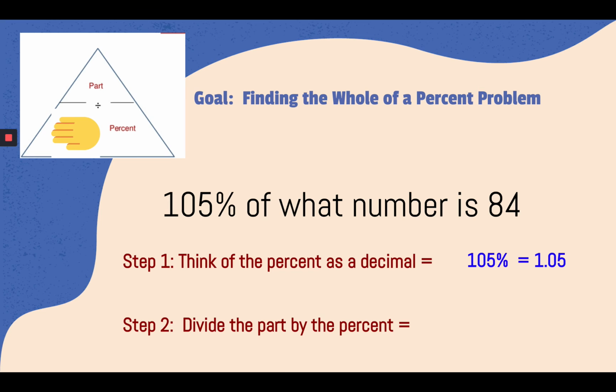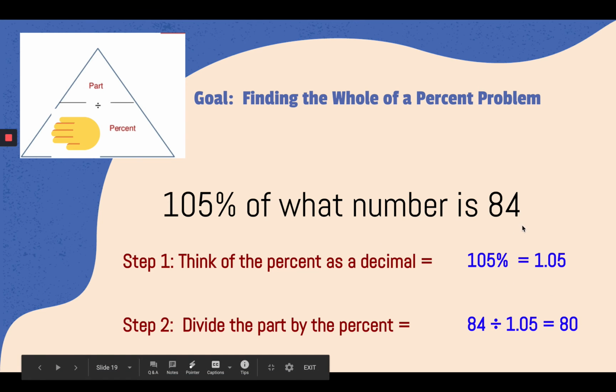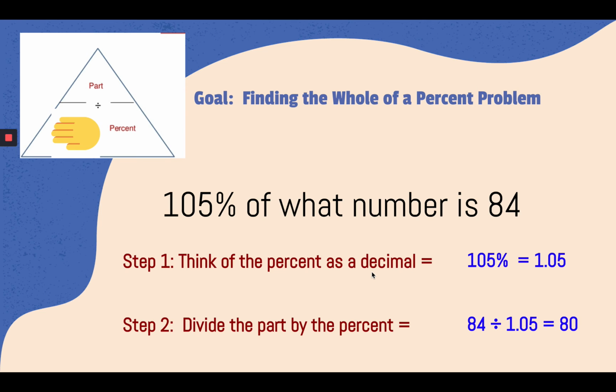And then you're going to divide the part, 84, by 1.05, and you get 80. And again, the original amount, or the whole, is actually smaller than the part in this case, because the percent's over 100. So the answer is 80.